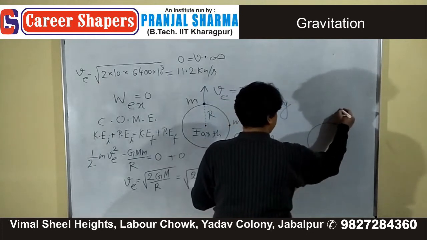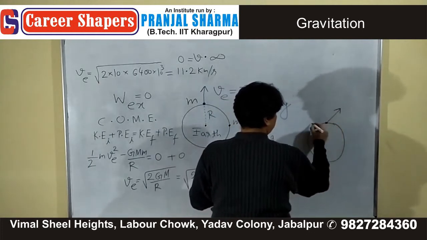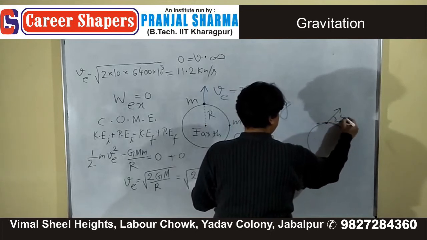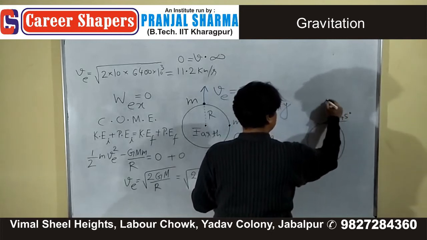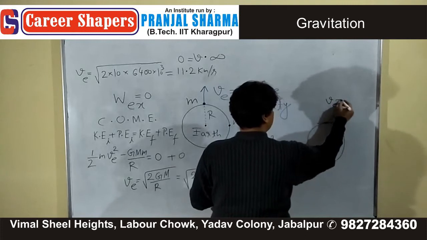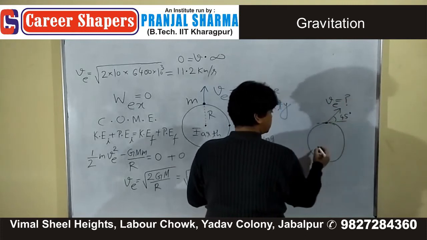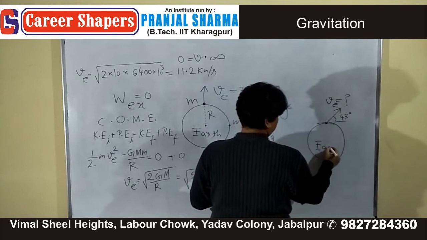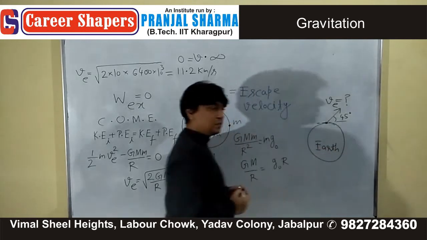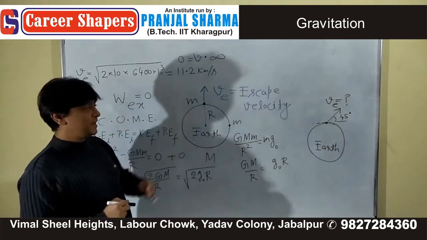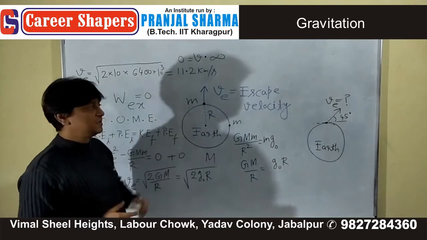A projectile is being fired at an angle of 45 degrees from the surface of Earth. Find out its escape velocity. Pause the video, try to find an answer for this, come back and see the solution.